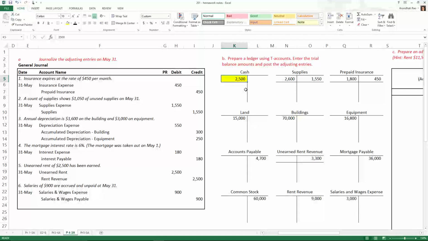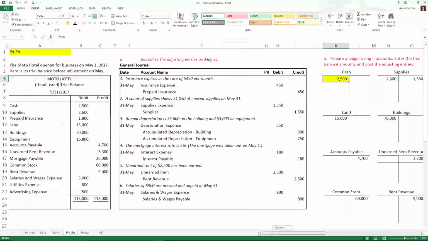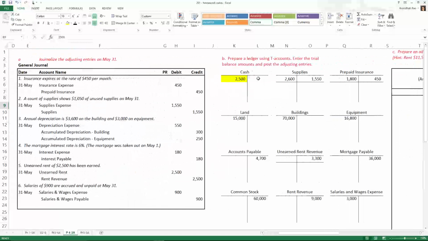The other exception, which should be very rare, is if you're doing an error correction. Otherwise, typically when you're going through these adjusting entries, I do not ever want you to make this mistake of debiting or crediting cash. So that number, whatever you had in your unadjusted trial balance, will stay the same in the adjusted trial balance when we get ready to prepare that.